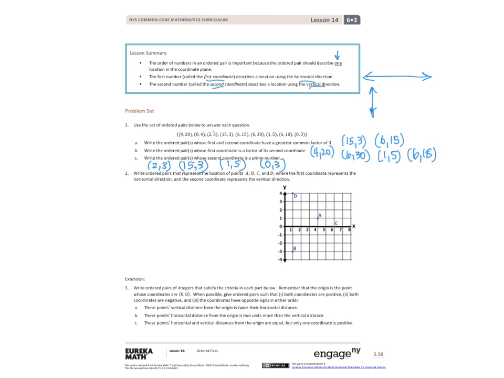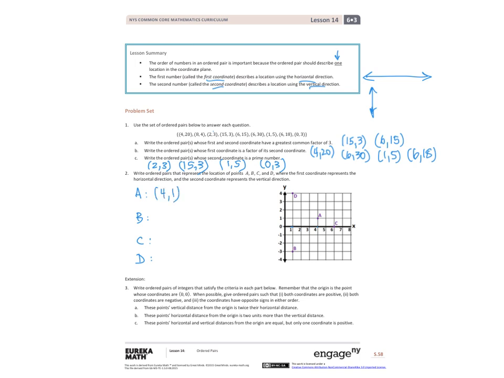Number 2: write ordered pairs that represent the location of points A, B, C, and D, where the first coordinate represents the horizontal, second represents the vertical. So we've got A, B, C, and D. Okay, so I'm going to just get that set up. A is over 4, up 1: (4, 1).